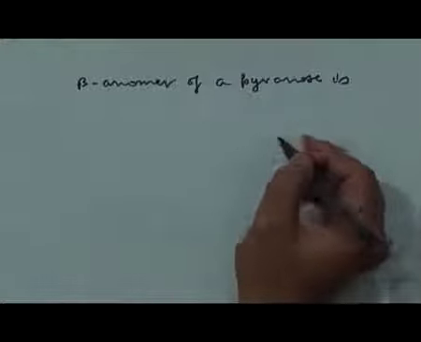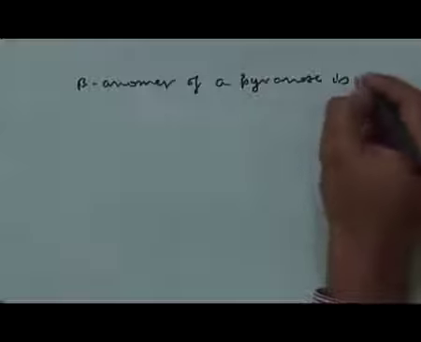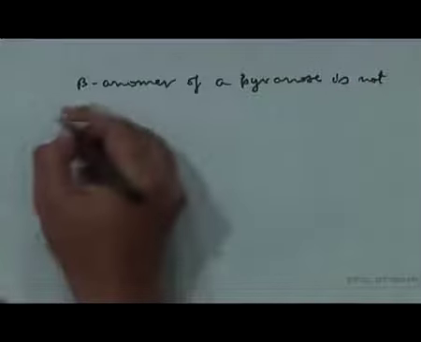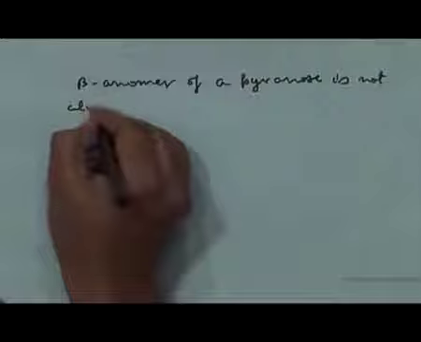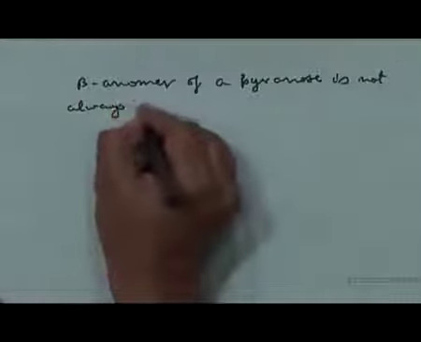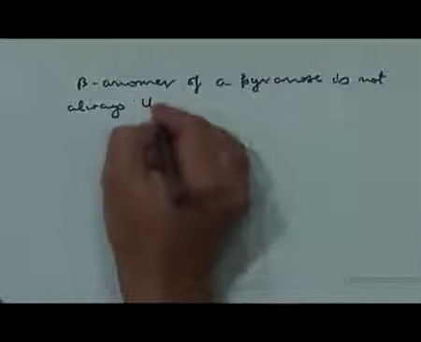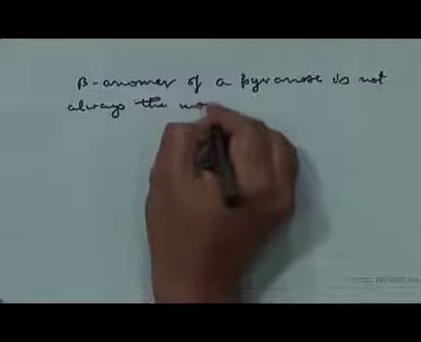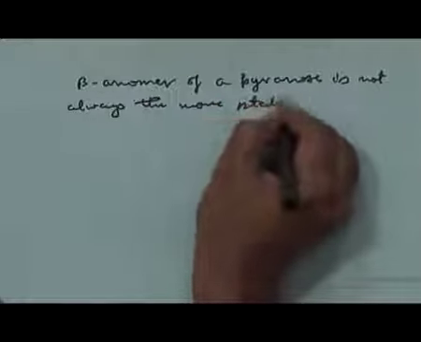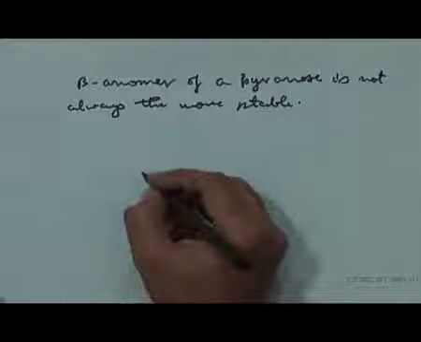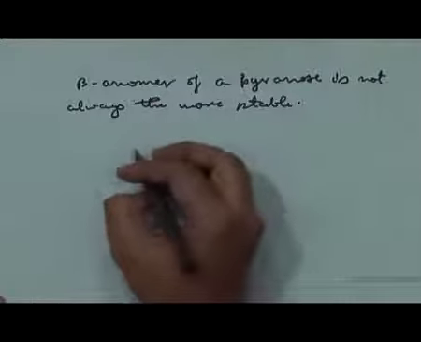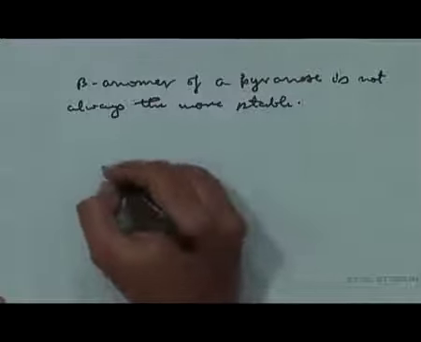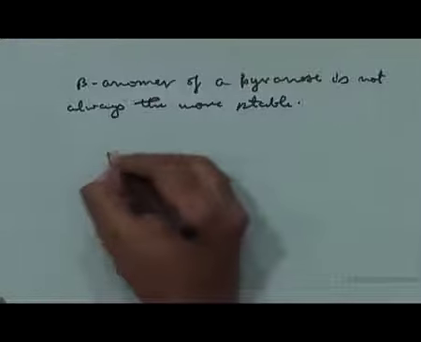Now I will write here, not always the more stable. Let me write a structure where the alpha anomer is more stable.